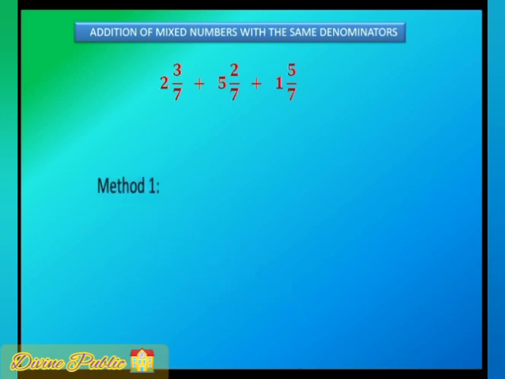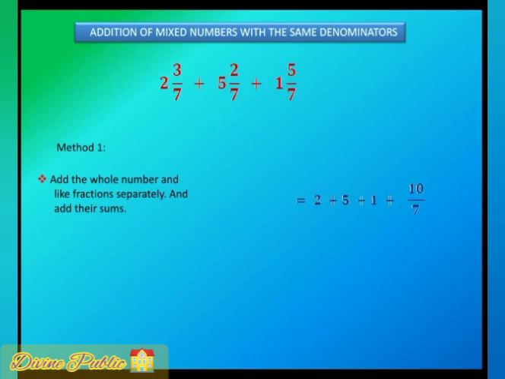In this example all denominators are the same, so no need to take out the LCM. Add the whole numbers and like fractions separately and add their sums. So we will add the whole numbers separately, 2 plus 5 plus 1, and the fractional numbers separately, 3 plus 2 plus 5.